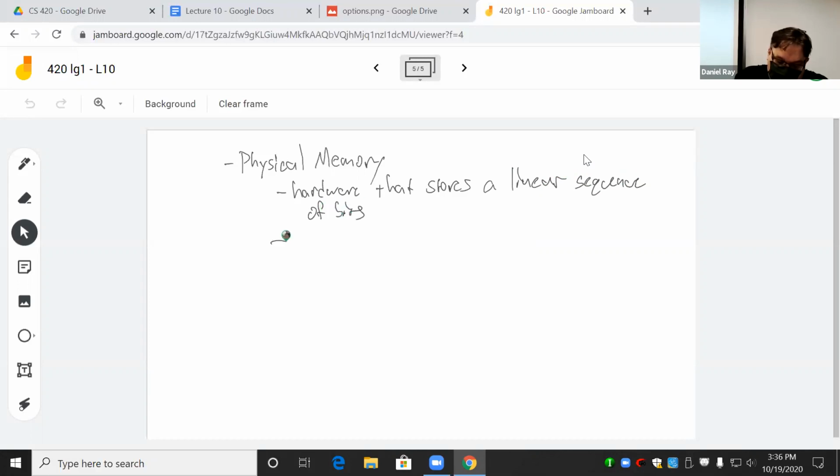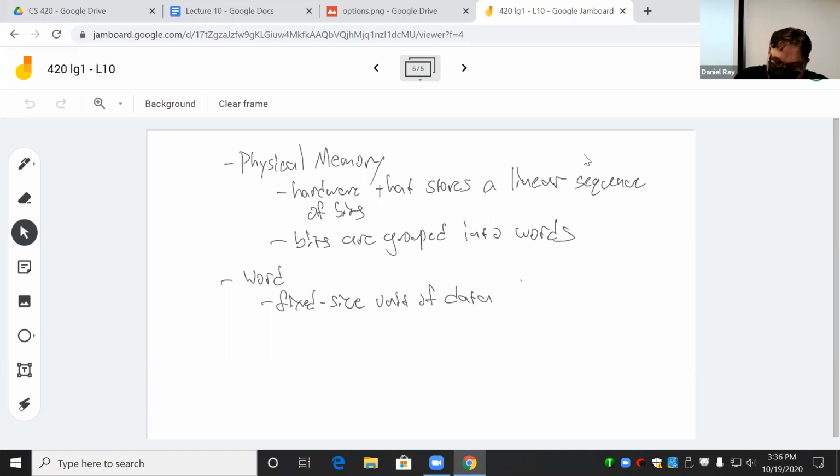These bits are grouped into words. All right, so what's a word? A word is the smallest addressable fixed size unit of data, usually 4 bytes, but sometimes more.